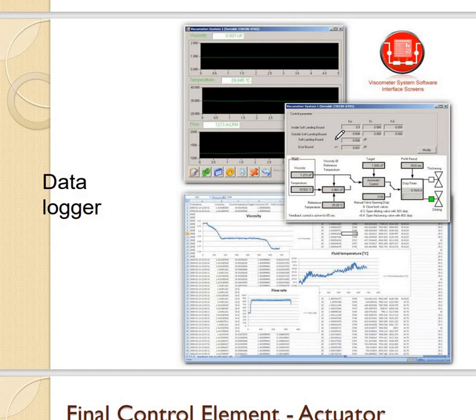So basically this is the data logger, and this is the example of response that I mentioned. For example, I take temperature, so it will record based on time and temperature.